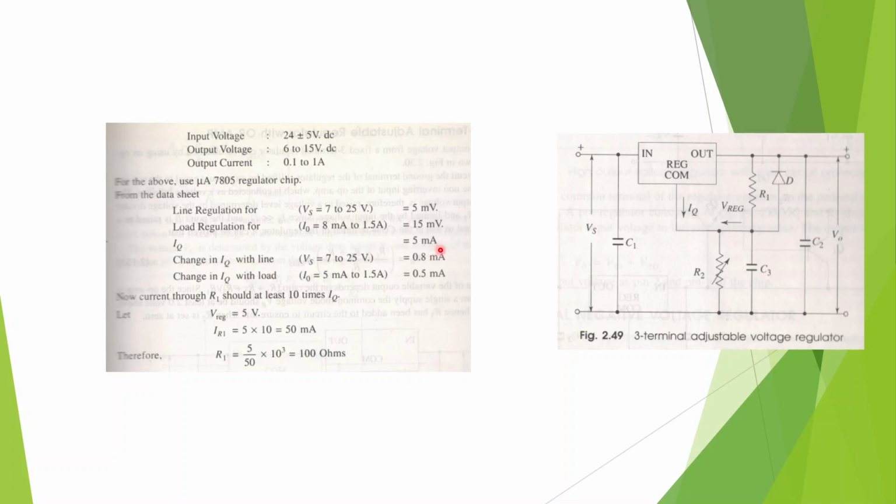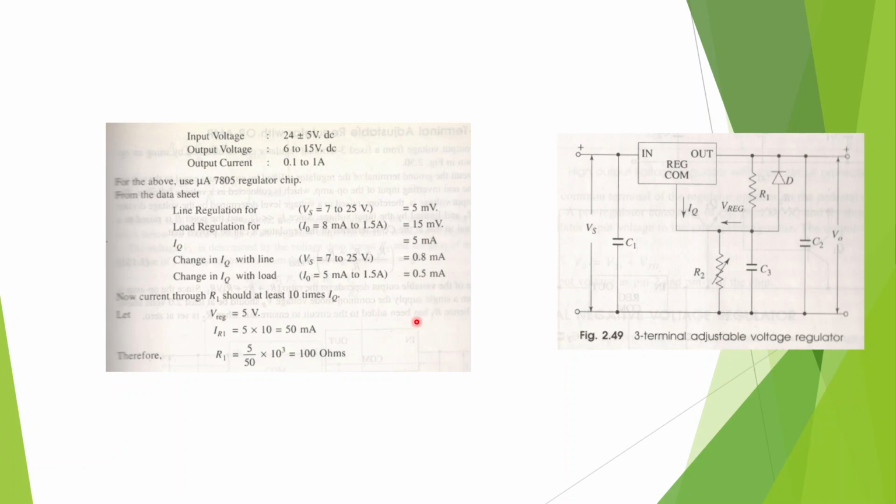IQ is 5 milliampere. Change in IQ with line, that is the input voltage changing from 7 to 25 volts, is 0.8 milliampere, and the change in IQ with load, that is the output current changing from 5 milliampere to 1.5 ampere, is 0.5 milliampere. So these values we have got from the data sheet.